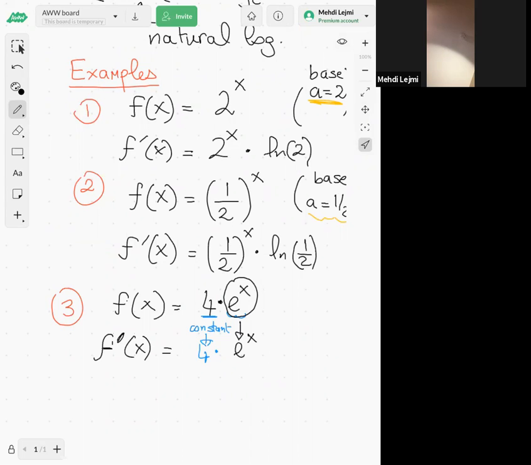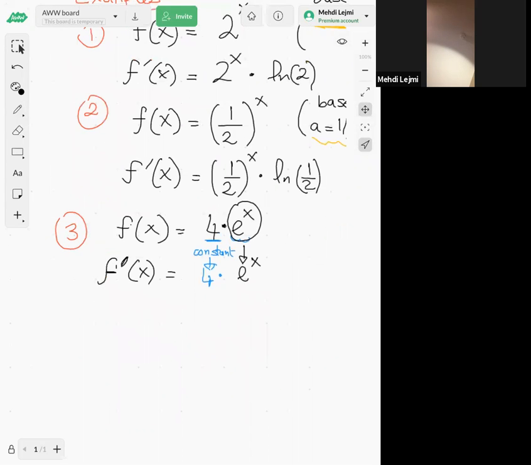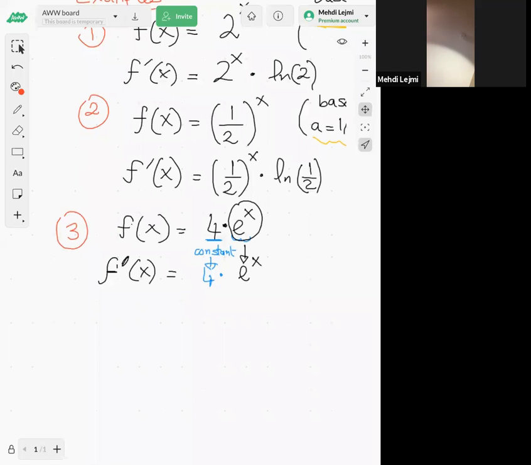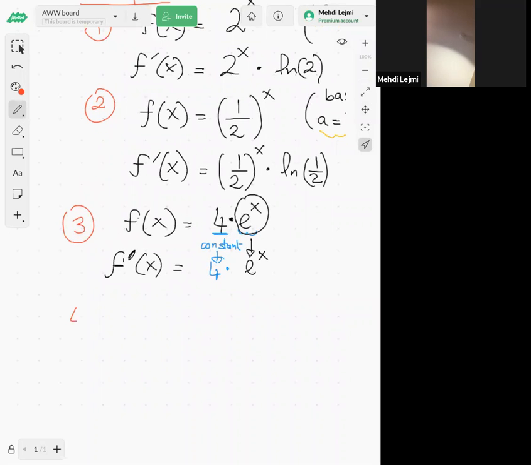Well, another example, 1, 2, 3, 4. Now let's say we have f of x equal to x times e to the x. All right. So when we take a look at this function f, this is x times e to the x.